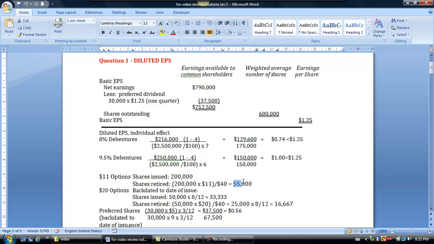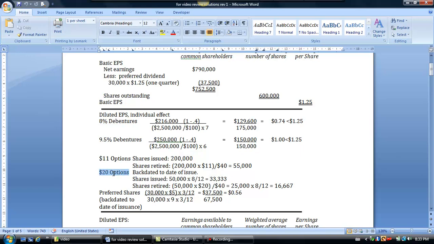So we would have only been able to buy back 55,000 of the 200,000 shares we would have had to issue. So at net, if you compare the 200,000 to the 55,000, we would have only issued new shares of 145,000. That's going to impact our WACC when we're calculating our diluted EPS, so we need to hold on to that figure of 145,000.